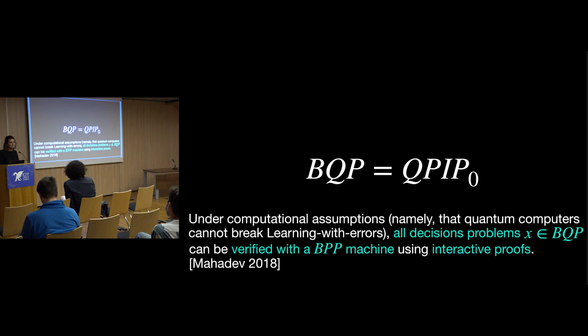That second part, all decision problems can be verified by a BPP verifier. So basically, you can solve quantum problems using interactive proofs and a classical machine. So you can verify quantum proofs, given some witness to your computation, which in this case is the lowest energy eigenstate. But can't you use that as an algorithm? Well, I guess that is sort of what we're trying to do, and it's a protocol.